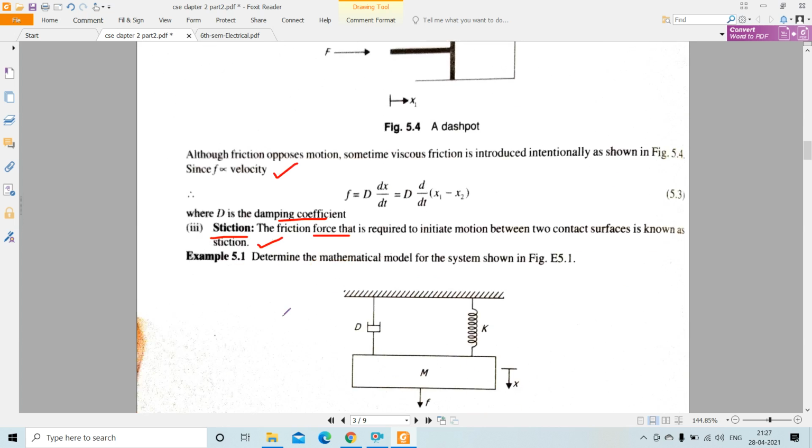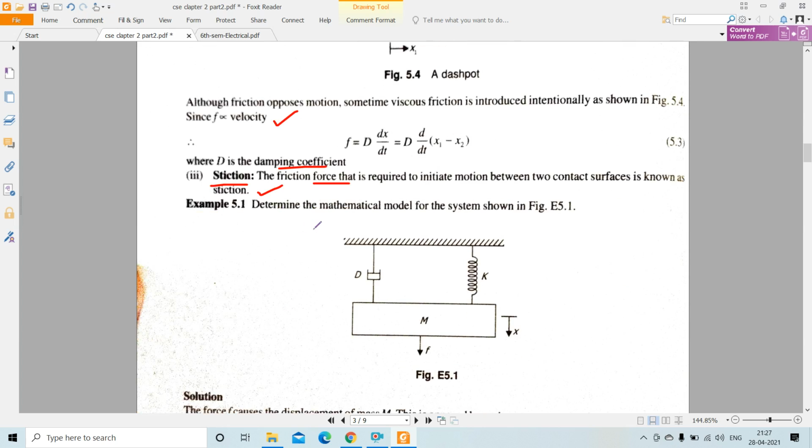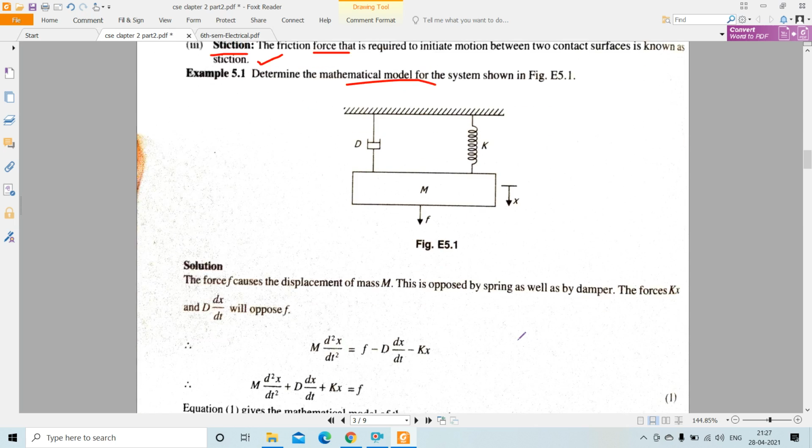Here is given one example: determine the mathematical model for a mechanical system. Here mass is there, the damper is there, spring constant K is there, force is there, displacement X is there.